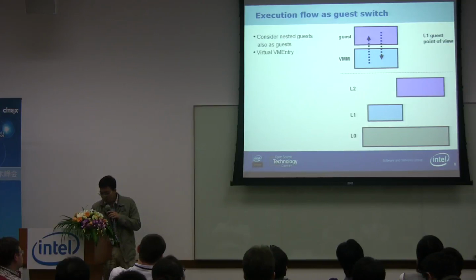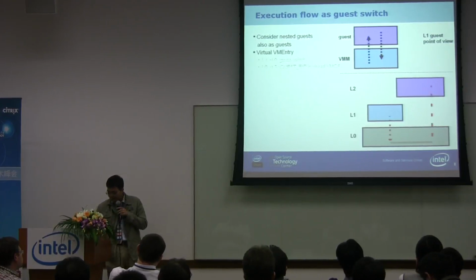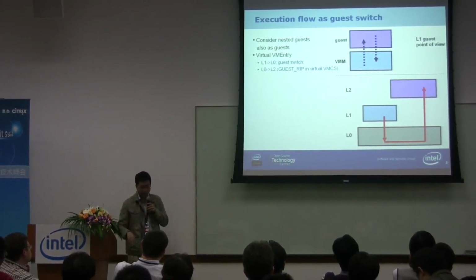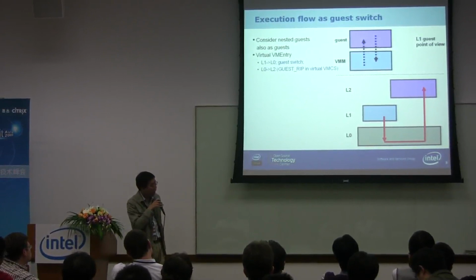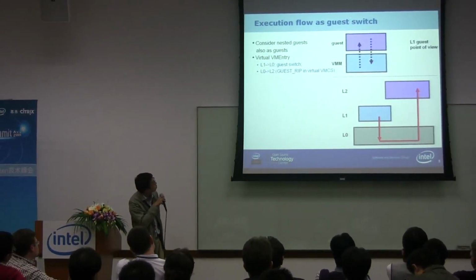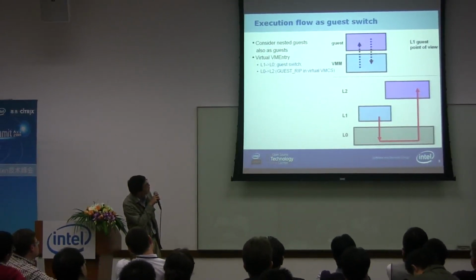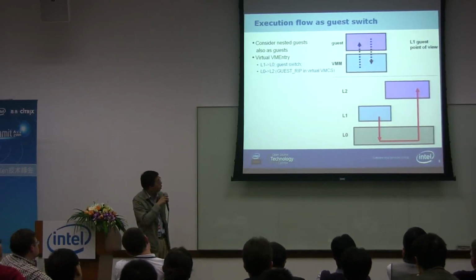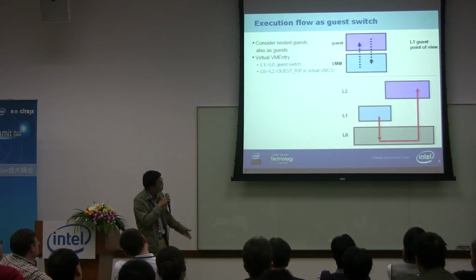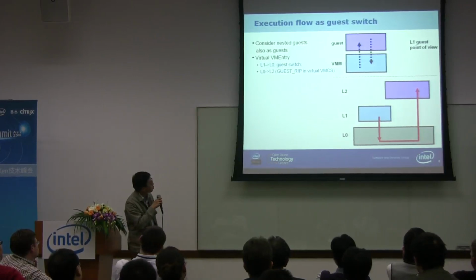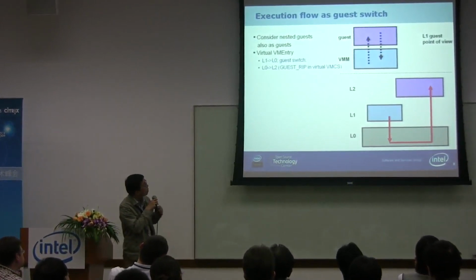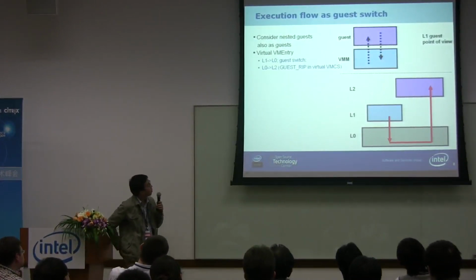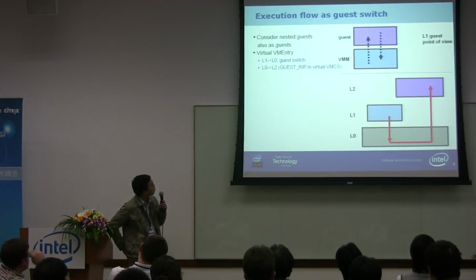So first is the VM entry. When the virtual VM entry happens, the execution goes to the VMM, and when the VMM finds it, it will do a transition to the level 2 shadow VMCS, and then enter into level 2.